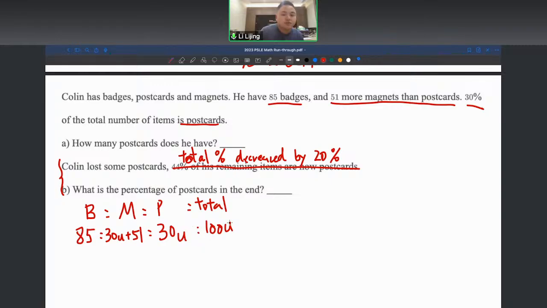Okay, and the total should be 100U. So if you want to find out how many U the badges represent, you see, here is 30U, here is 30U plus 51. Everything added together is equal to 100U. So you can just write down here, 85 plus 30U plus 51, then plus 30U again for the postcard, equal to 100U.